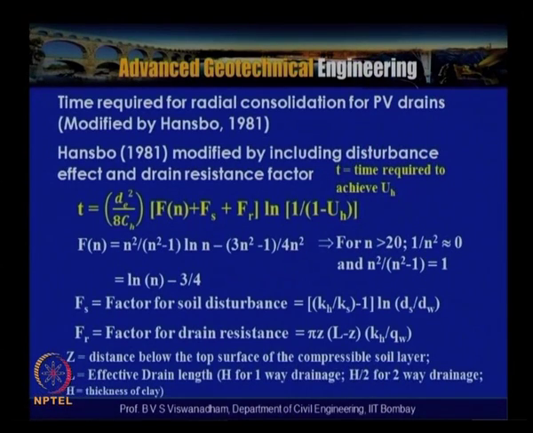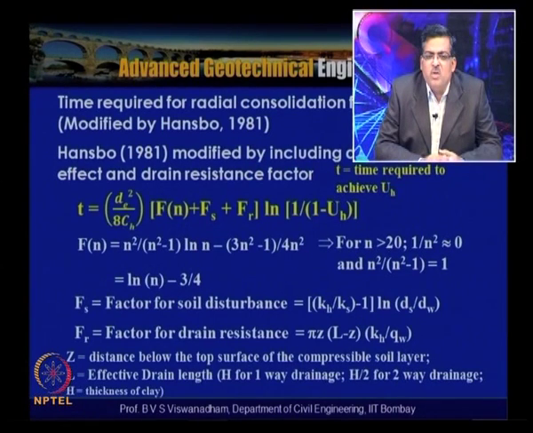If Fn divided by Fr is less than 0.05, then the well resistance can be ignored, and it is governed by the drain spacing only.